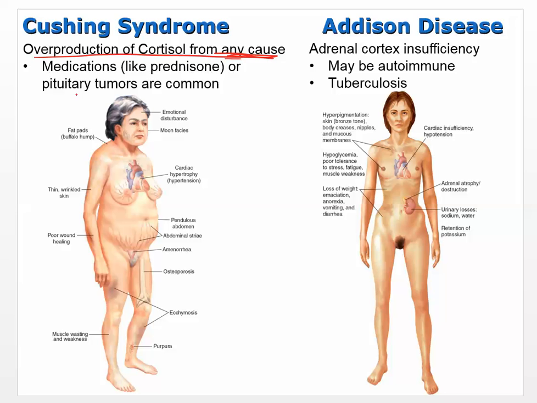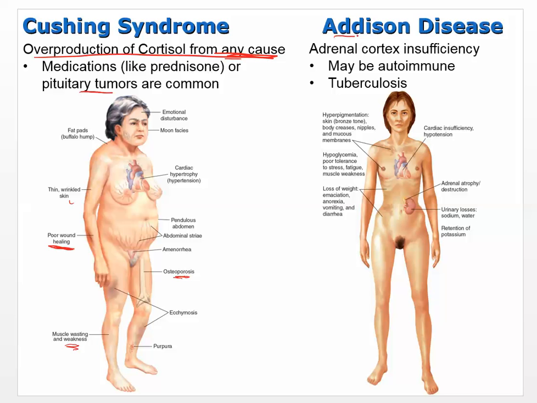Pituitary tumors may increase cortisol release as well, and these are all part of Cushing syndrome. And so you can see there's some weight gain, thin wrinkled skin, poor wound healing, because it affects the immune response, and osteoporosis, so breakdown of bone material, muscle wasting and weakness. This is not a good situation.